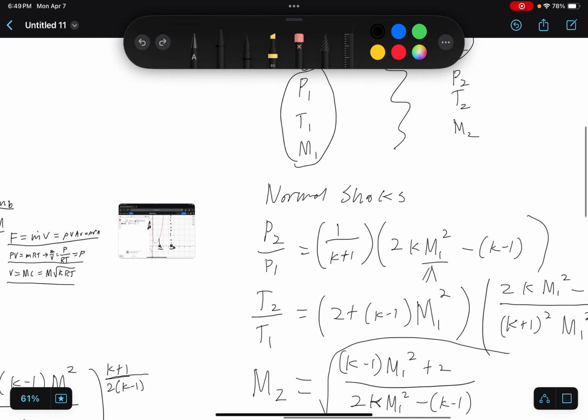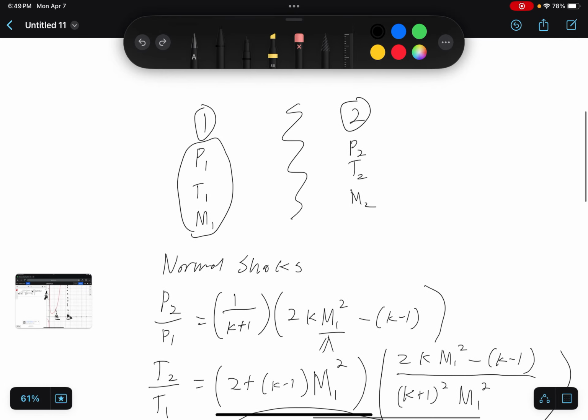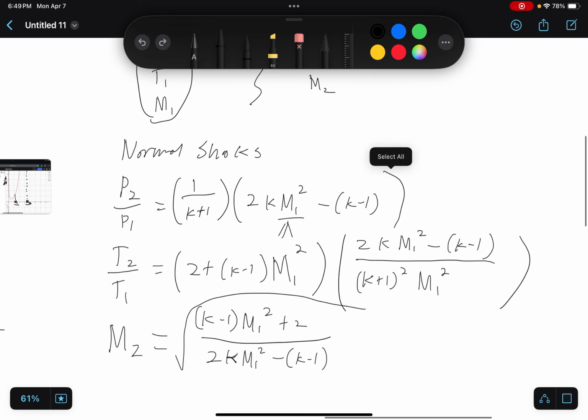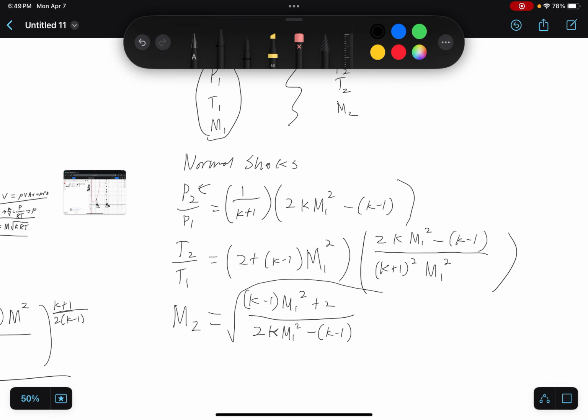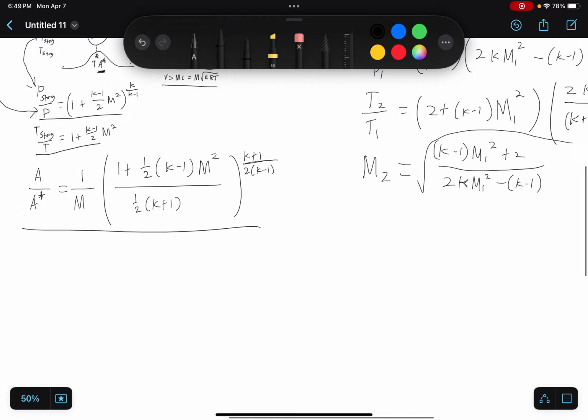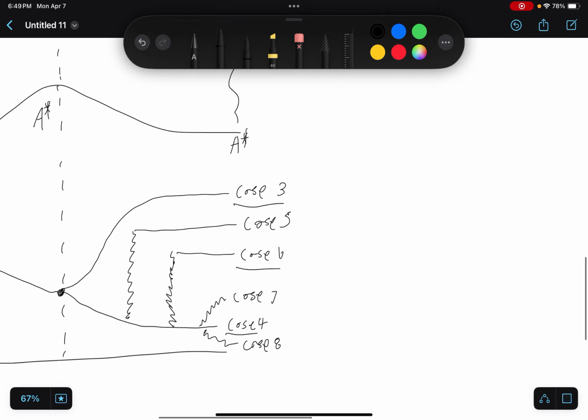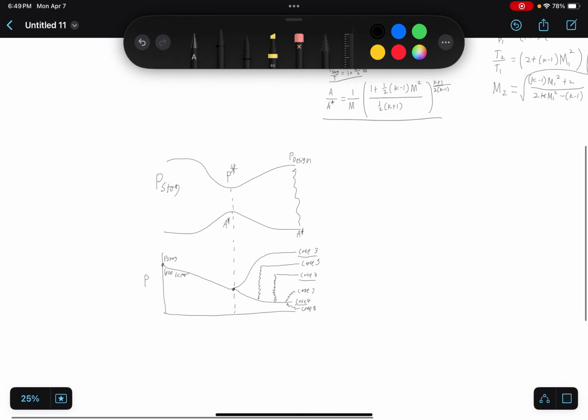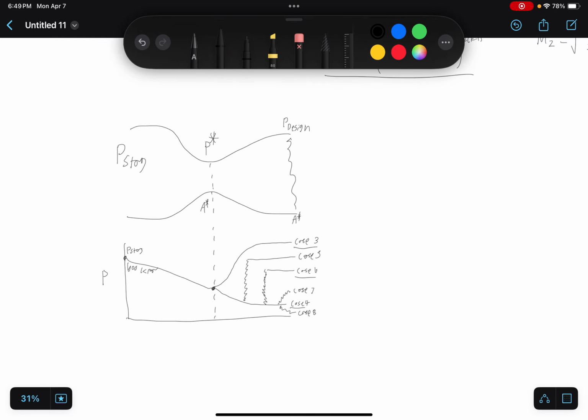Then with that case 4 pressure, you assume that's P1, and you plug in your Mach number as M1, and you get a P2. And that P2 is the case 6 number. And then case 3, I kind of forgot, but it doesn't really matter.